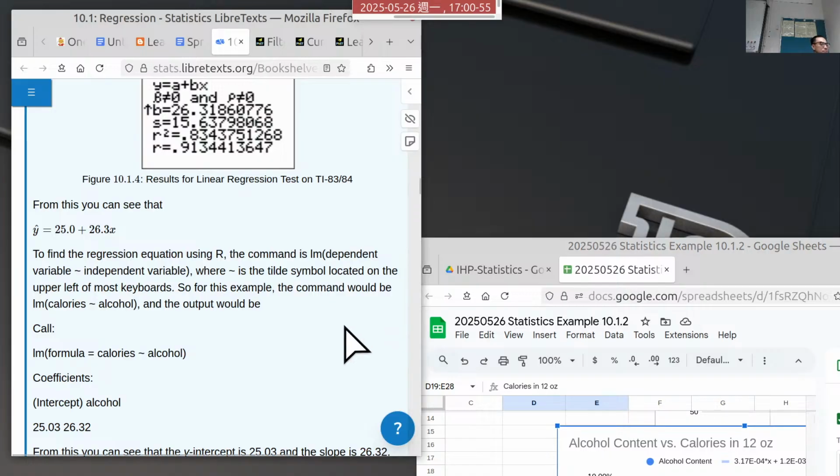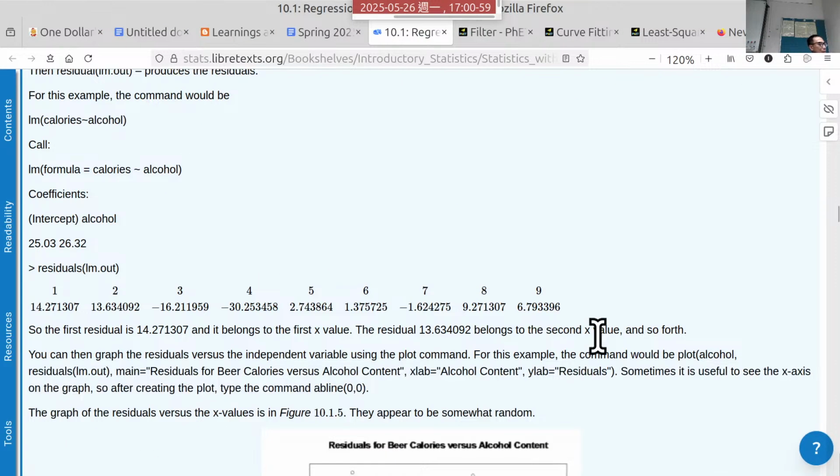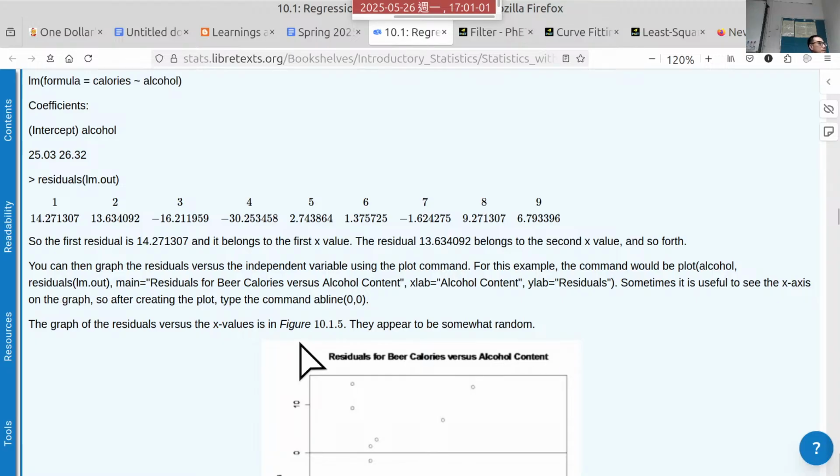Okay, so far any question? Okay, you can take a break. Okay, let's move to the next one. And here is the residual, but maybe we don't need to calculate the residual because it's a little bit complicated.